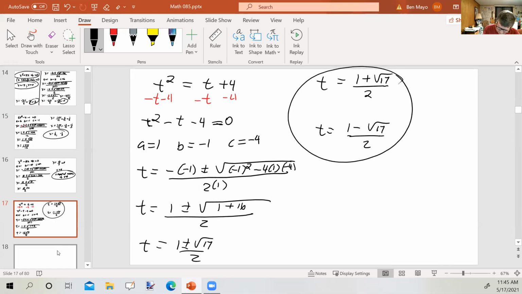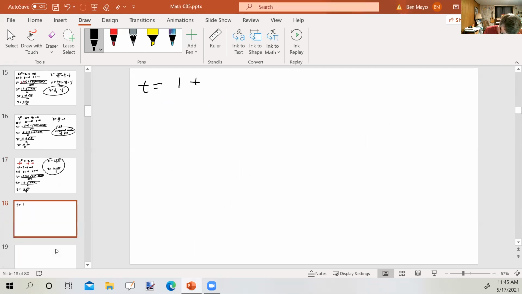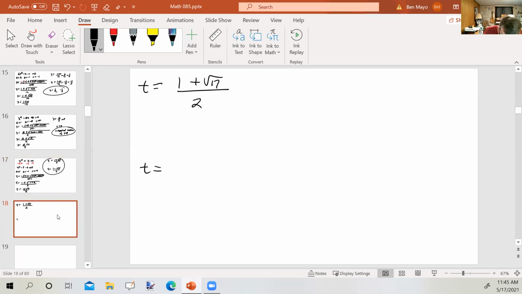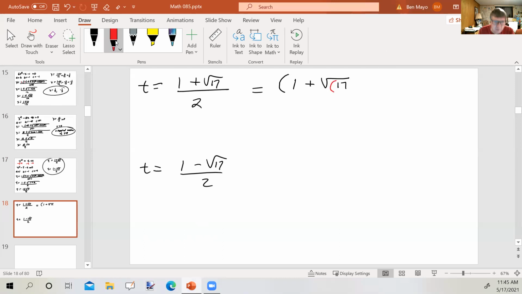All right, so 1 plus the square root of 17 all over 2, and 1 minus the square root of 17 over 2. We need to divide the entire numerator by the 2 in the denominator. So in my calculator, I'm going to put a left-hand parenthesis, a 1, plus a square root of 17. Now, on my calculator, when I put in the square root of something, it automatically gives me a left-hand parenthesis.